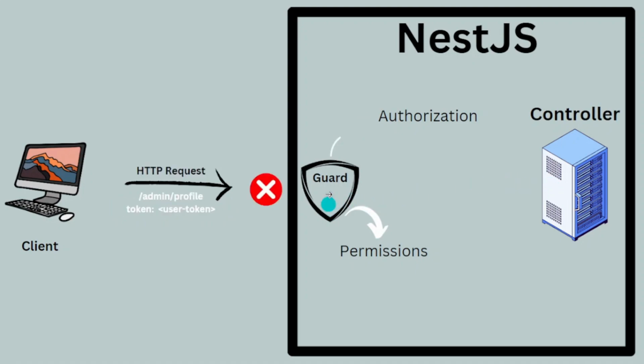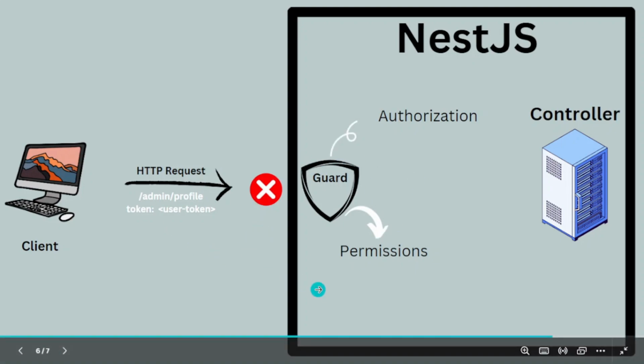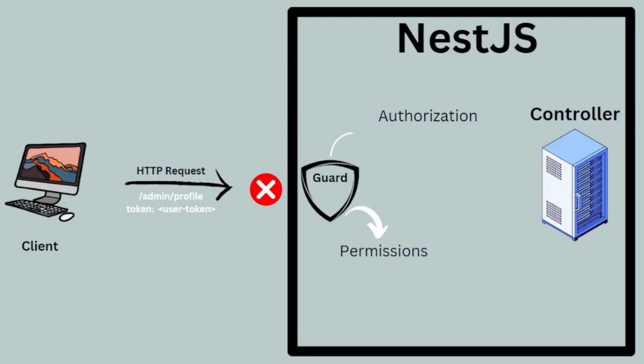A guard may choose to accept or reject your request. For example, you can see currently the client chooses to go to the admin profile, but the token of the client is a user token, right? So the user is not allowed to go to the admin profile, and that is why the guard has rejected this request, and it will not proceed forward.